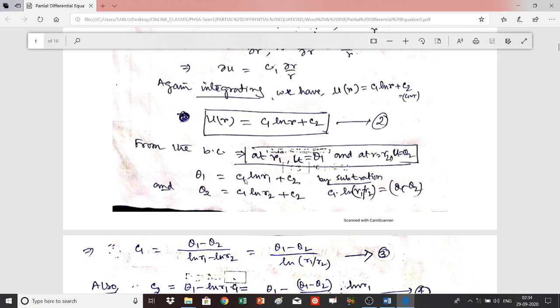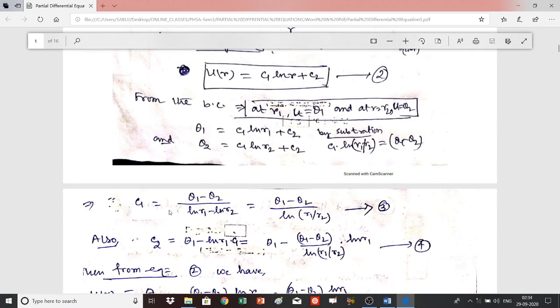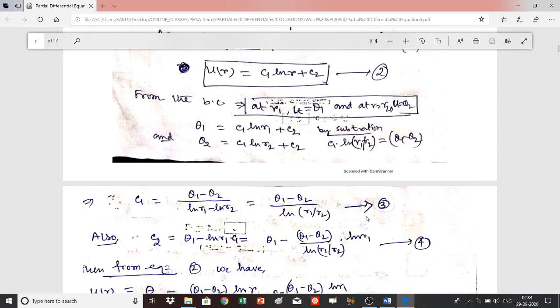The two terms C1 log R1 minus C1 log R2 give C1 log R1 by R2, which is equal to theta 1 minus theta 2. So C1 is equal to theta 1 minus theta 2 by log R1 by R2. This is equation number 3.